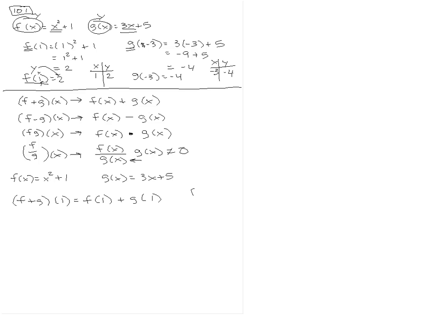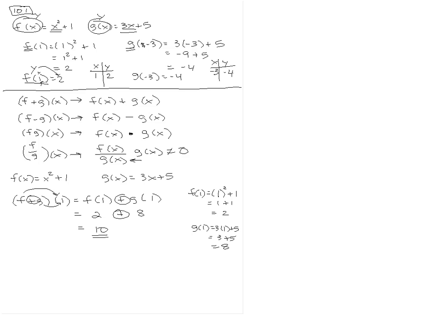Okay, well, f of 1 is wherever there's an x, you put a 1, so you get 1 plus 1, which is 2. So this is 2 plus g of 1, wherever there's an x, you put a 1, so you get 3 plus 5, which is 8. So my answer is you add them together and you get 10. So you're really just finding f of 1 and g of 1, and then, because it's addition, adding them together.